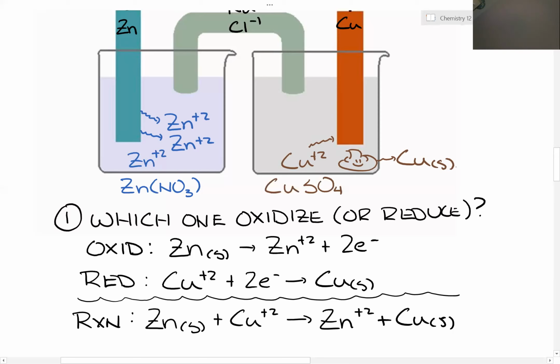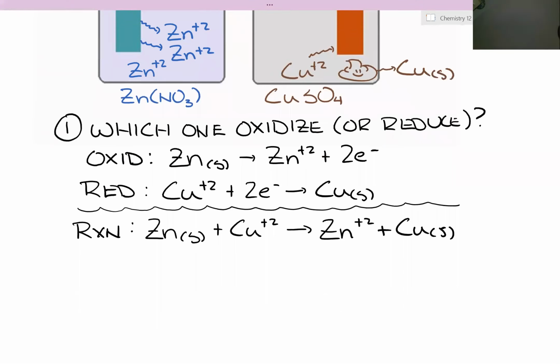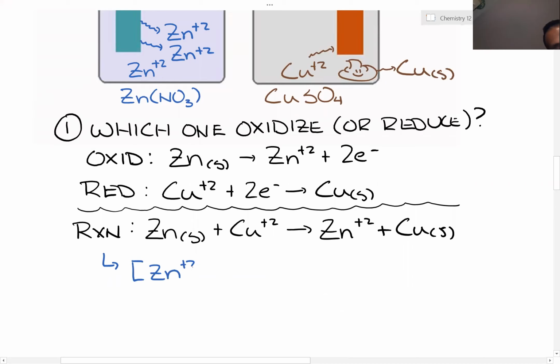All right? Now, so what happens is this. As the reaction proceeds, the concentration of zinc 2 plus ions increases.